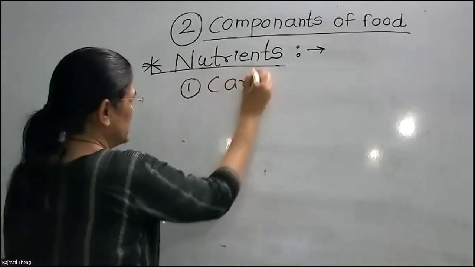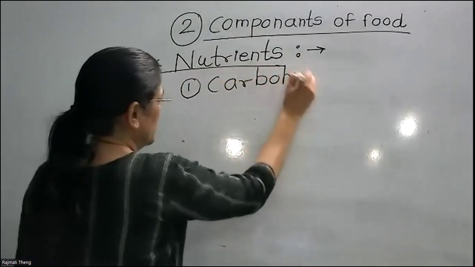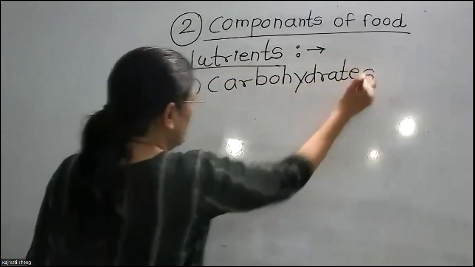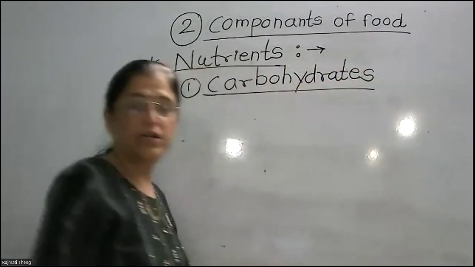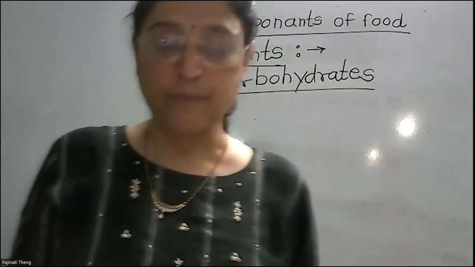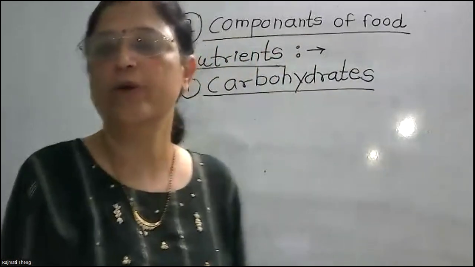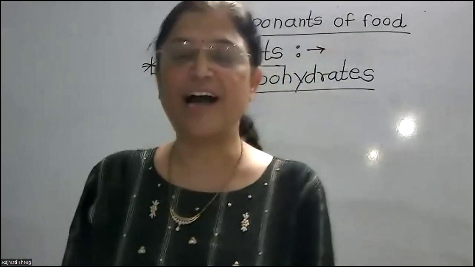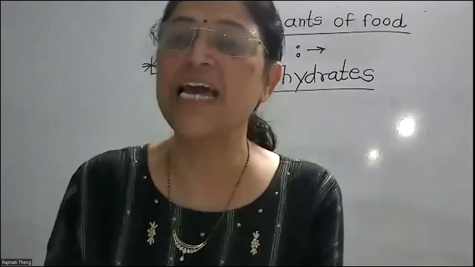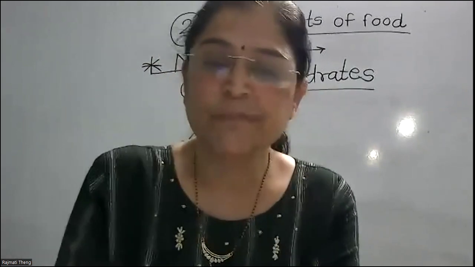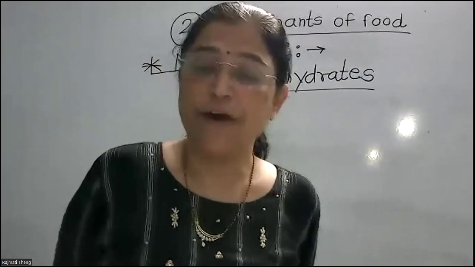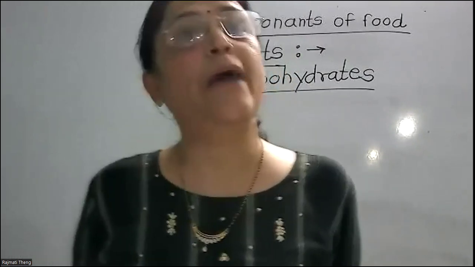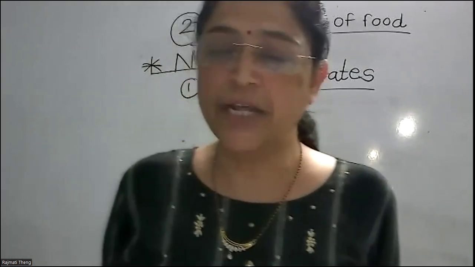So today I start with the first nutrient, that is carbohydrates. Okay, so carbohydrate is also called staple food. कार्बोहाइड्रेट को और हम क्या बोलते हैं? दैट इज द स्टेपल फूड. ओके, सो देयर आर 5 मेजर न्यूट्रिएंट्स इन आवर फूड: कार्बोहाइड्रेट, प्रोटीन, फैट, विटामिन, minerals.